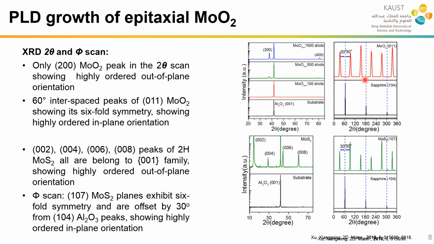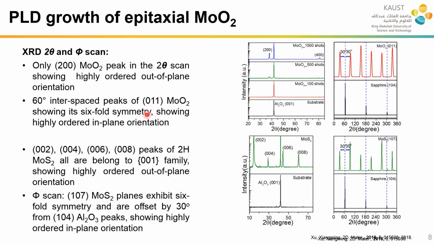From the phi scan, we can see 6-fold symmetry of this 011 lattice plane peak. So in the in-plane direction, the epitaxial precursor is also mono-oriented. This can double confirm that our moly oxide is very good in terms of orientation, and it is really high quality.